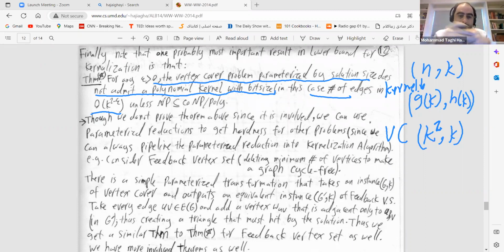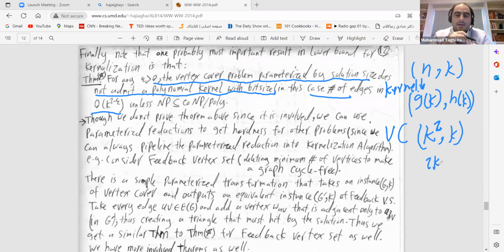So assuming that NP is not a subset of coNP/poly, there is nothing better than a k squared size graph when you do the kernelization for vertex cover. If you remember, the number of vertices was 2k, but the number of edges was k squared. So still the size of this graph is k squared.